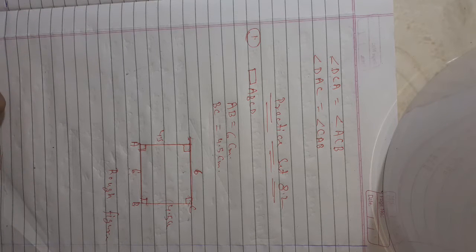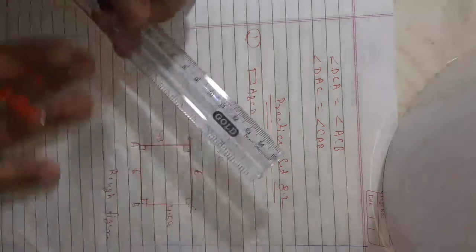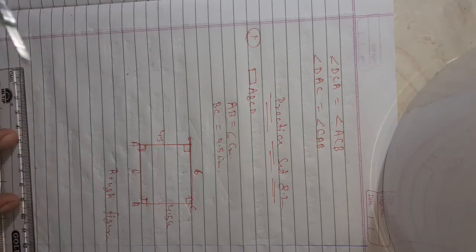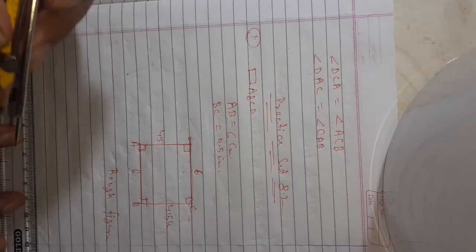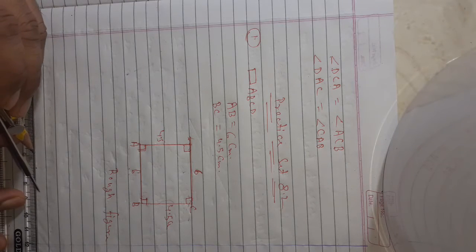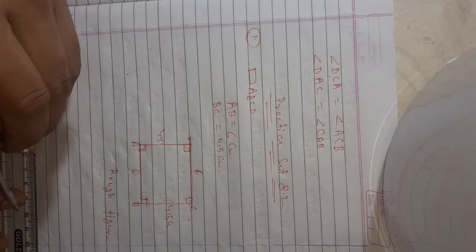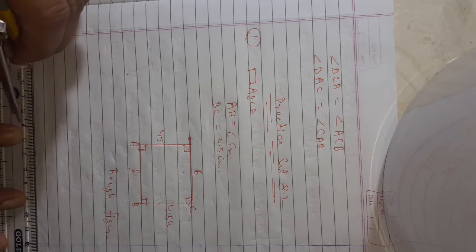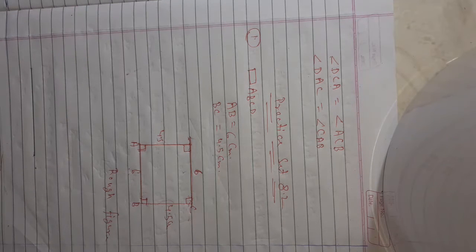So I am here drawing. First of all we are drawing AB is equal to 6 centimeter. AB is equal to 6 centimeter. Clear?